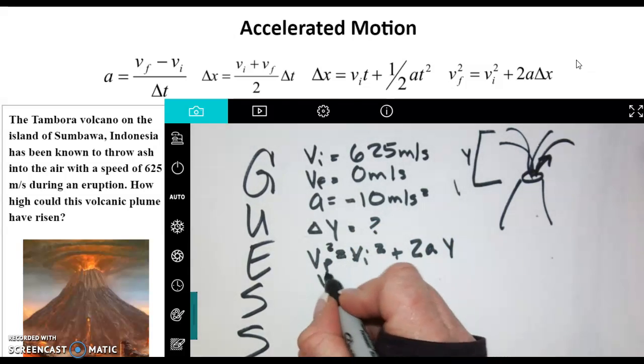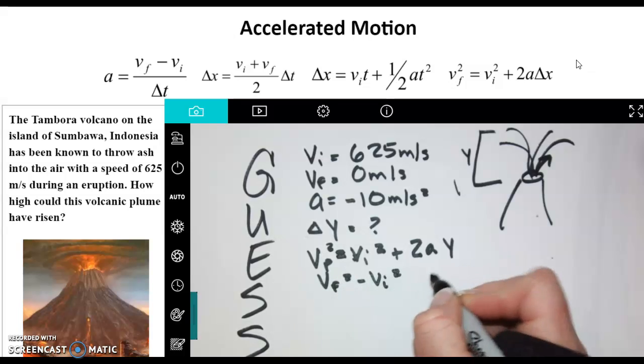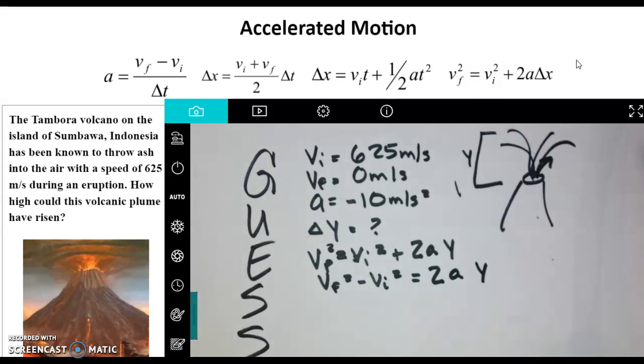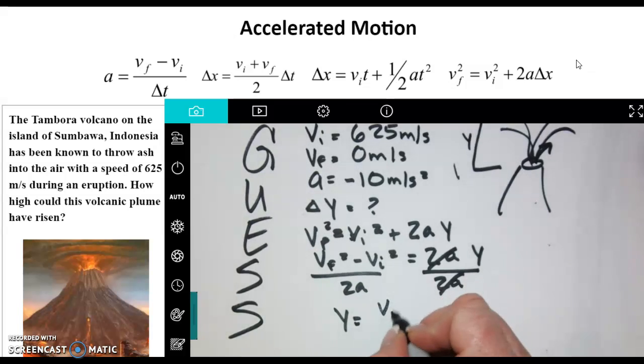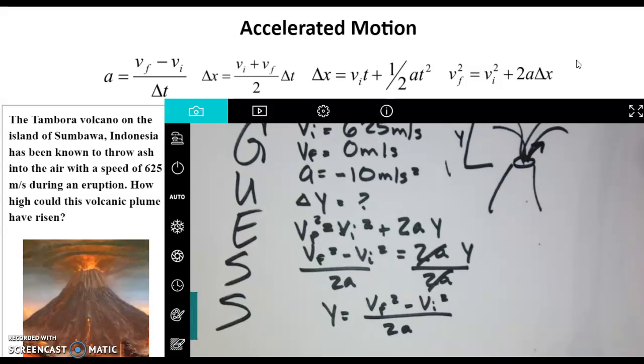So we have final velocity squared minus initial velocity squared is equal to 2 times our acceleration and our y. Again, we're looking for this y variable, so we're going to divide both sides by 2a. Y is equal to final velocity squared minus initial velocity squared divided by 2a.